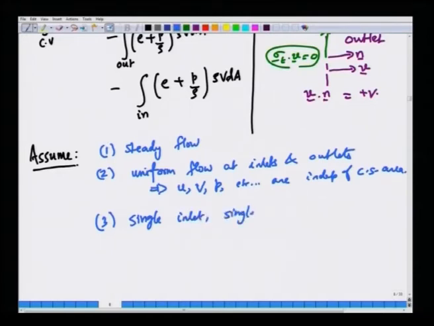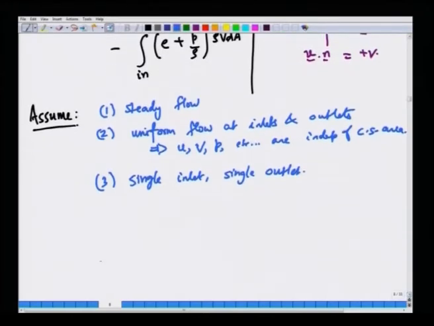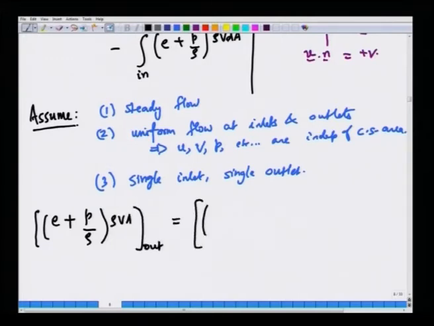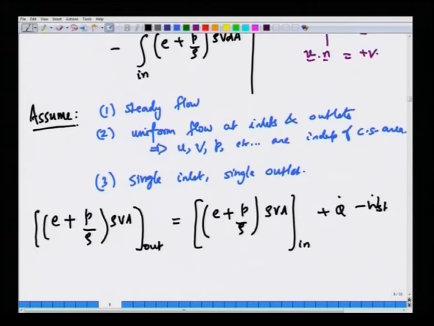For simplicity, there is only one inlet and one outlet, in which case this equation becomes (E plus P by rho) times rho V A at the outlet is (E plus P by rho) times rho V A at the inlet plus q dot minus W dot shaft.